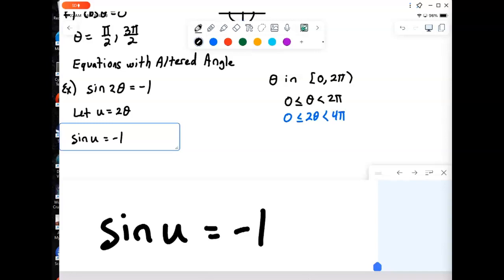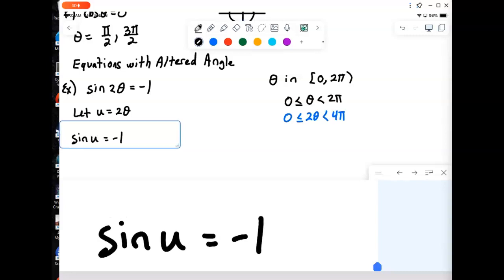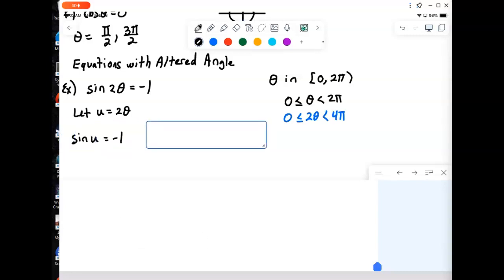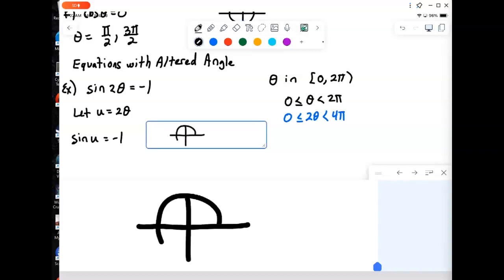Now normally the first thing we would do is find a reference angle, except for one thing. -1 is a quadrant value for sine and cosine, so that idea is not going to work. Since that's a quadrant, I would say, where's that going to be?